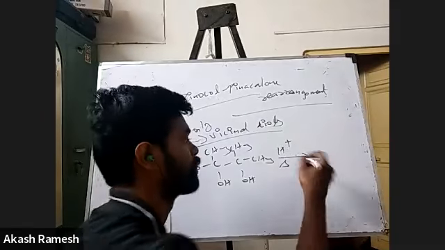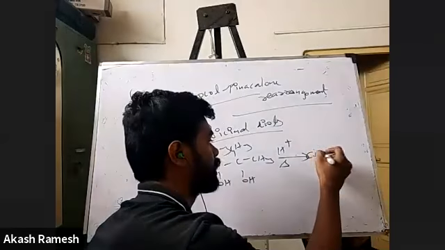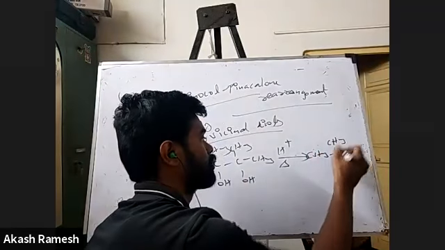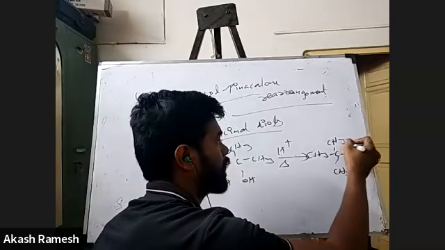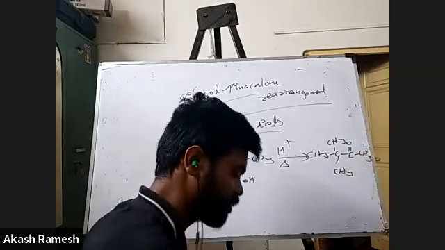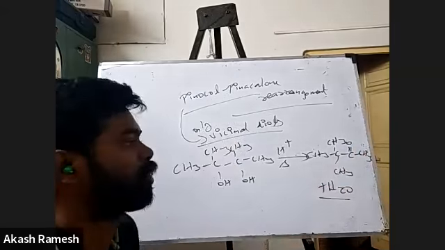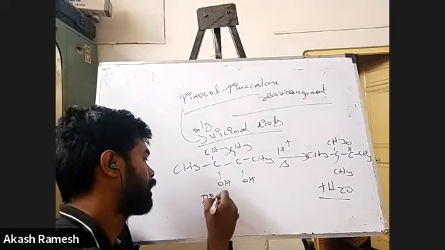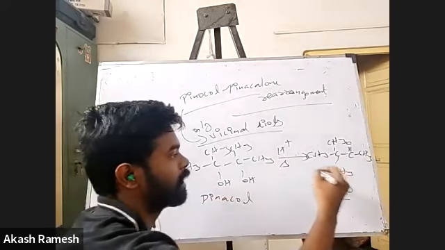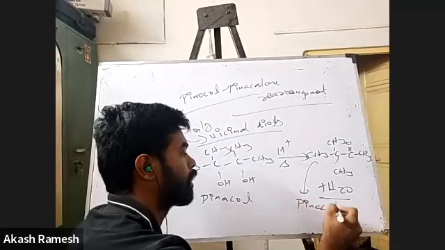CH3, CH3, CH3, C double bond O, CH3, plus H2O. Now, this is what is called pinacol. This will rearrange to form pinacolone. This one is what is called your pinacolone.